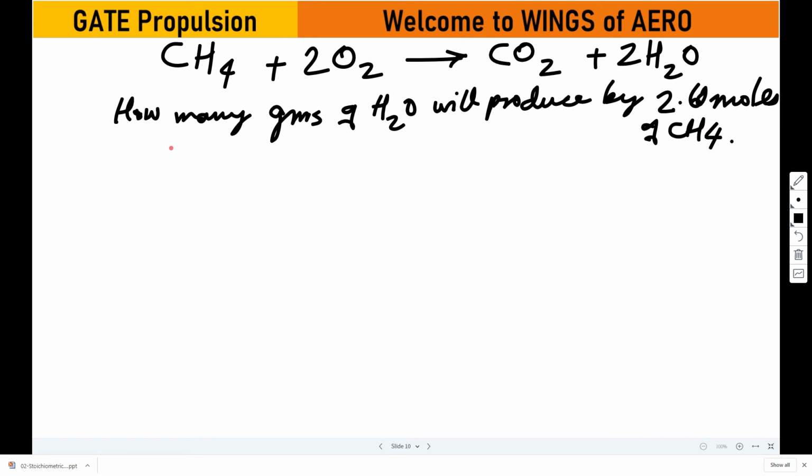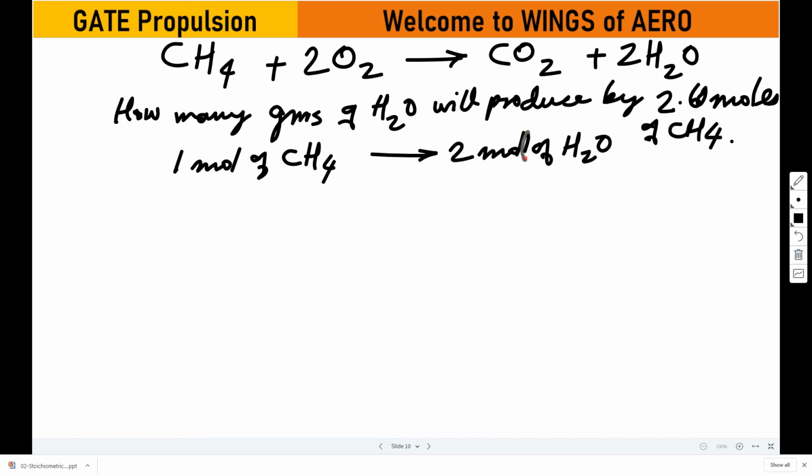Can I say that this is a balanced equation which I have shown here? After balancing, 1 mole of CH4 will give 2 moles of water. I can also say that 1 mole of CH4 will give 1 mole of CO2.